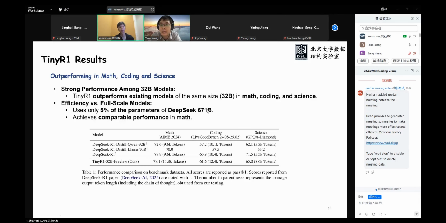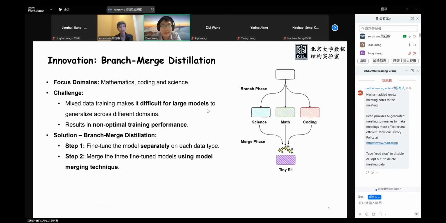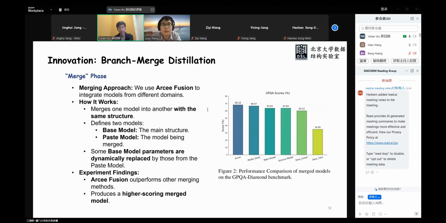Yeah, the merging phase. Because there you mentioned that in Tiny R1 you used Arcee fusion to merge the models. Right. Oh yeah, sorry, slide number 12.